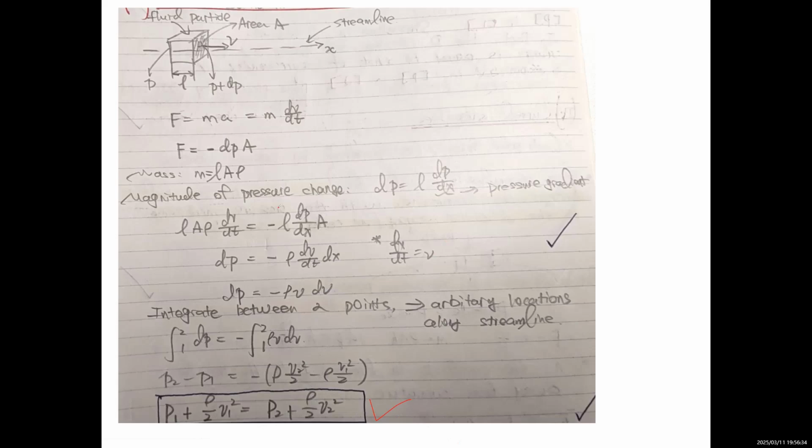So it's very simple math here. You can easily figure out Bernoulli's equation. There's also one thing to notice: a streamline does not have to be straight. It can be curved.